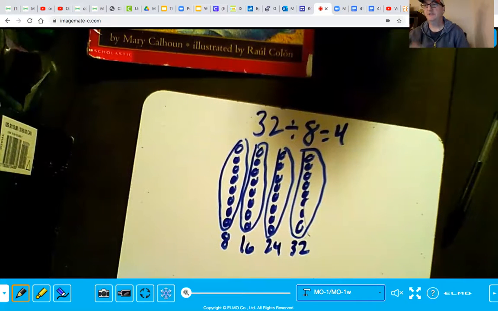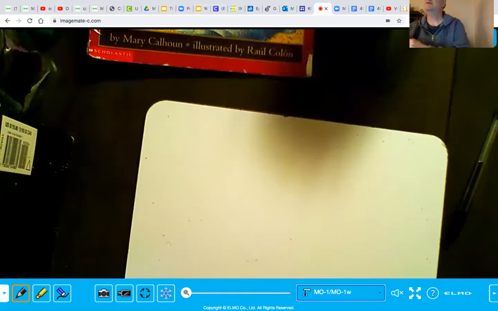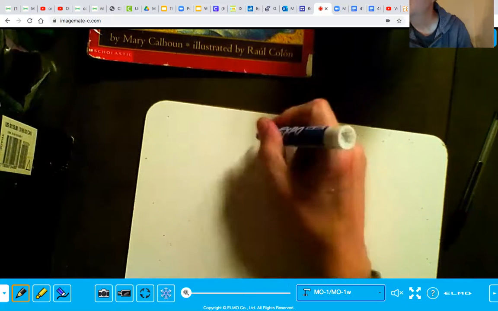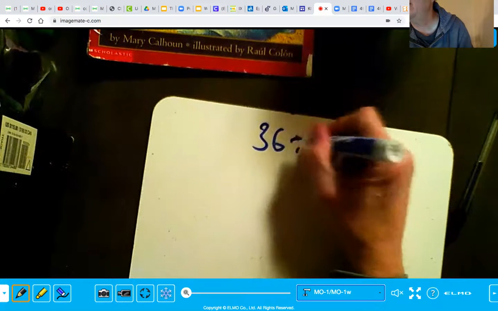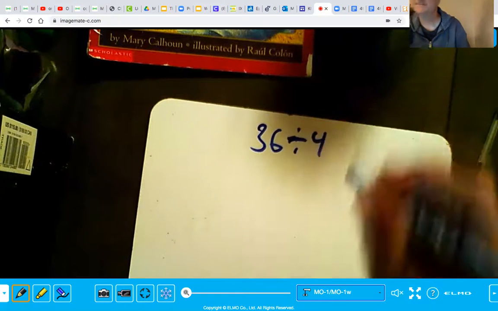So that's another strategy. We can use our multiplication facts. We can use arrays. Or you can just simply skip count. Watch this. So let's do 36 again, divided by, how about by 4?